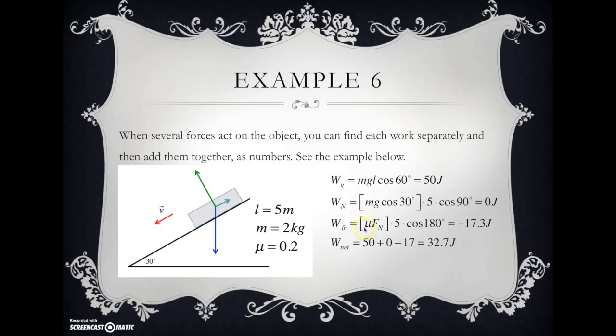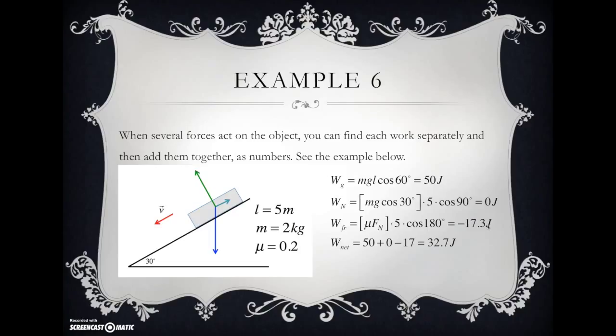As you remember, force of friction is found as mu times normal force, being mg cosine of 30. And so you end up with mu mg cosine of 30 times 5 times cosine of 180. Cosine of 180 gives us negative. And then when you do mu mg cosine of 30 times 5, you end up with 17.3. So we have negative 17.3 joules of work.